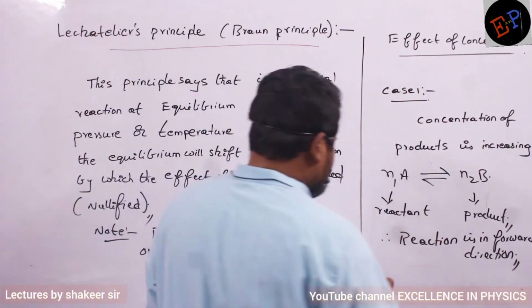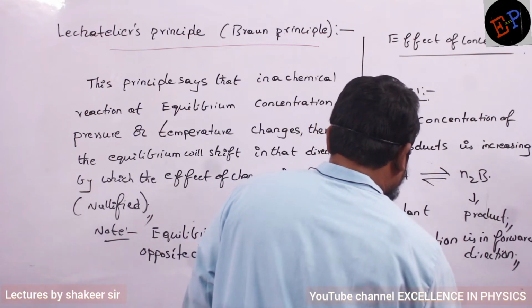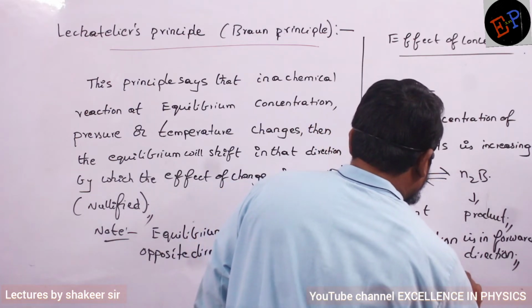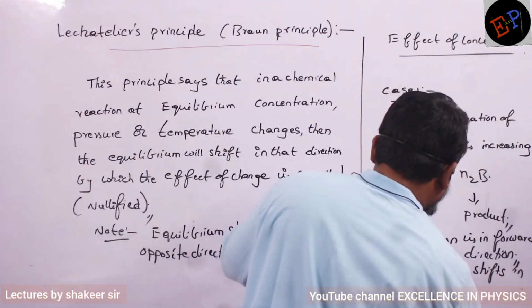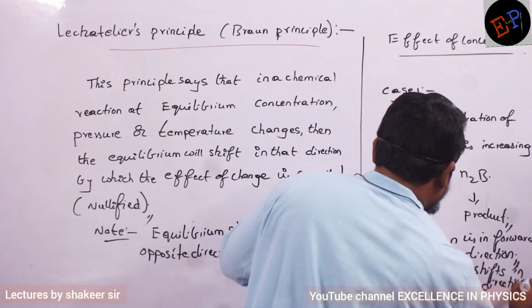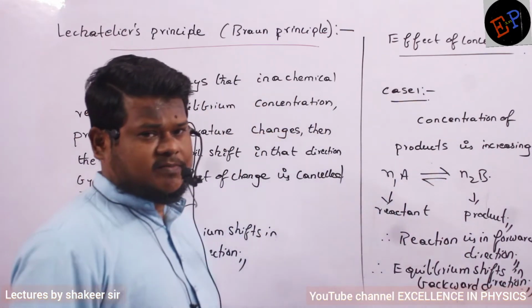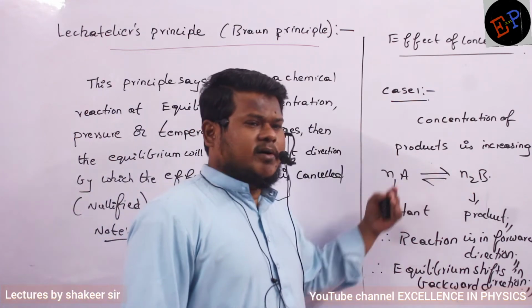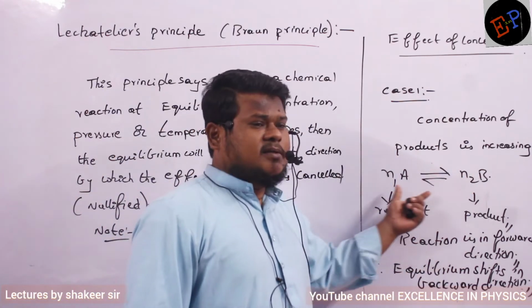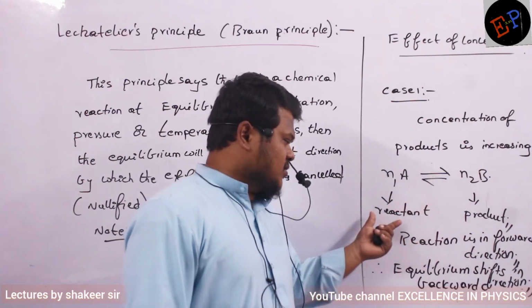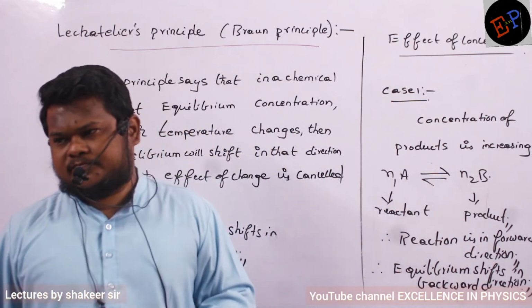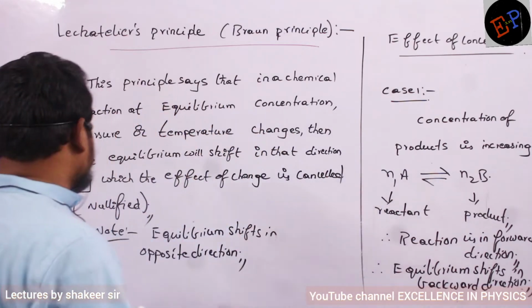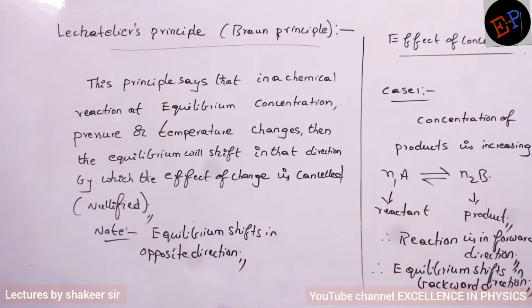So therefore, here equilibrium shifts in the backward direction. If equilibrium shifts in the backward direction, what happens to the concentration of products? Concentration of products will reduce. Because already we have studied, these are reversible reactions. From reactants, products will form, and from products, reactants also will form. So this is one example. I will write some more examples, try to say their conditions.